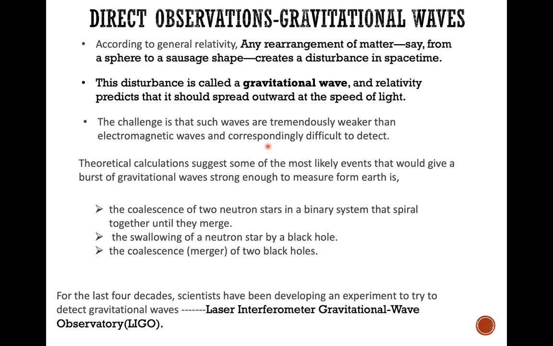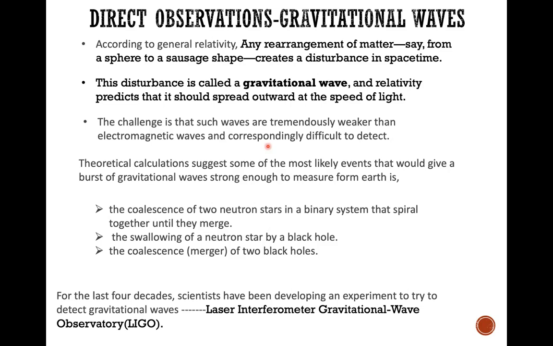But the problem with gravitational waves is that they are not in the electromagnetic spectrum, so they are completely new, and at the same time they are tremendously weaker compared to electromagnetic waves. Since they are weaker, it is very hard to detect them from Earth. We did not have any instrument to detect those.